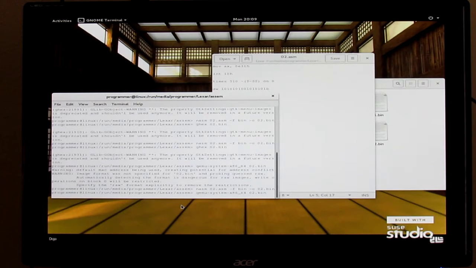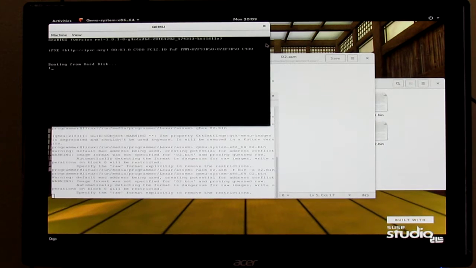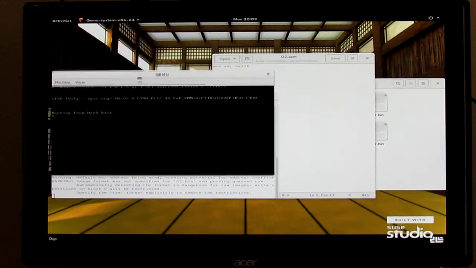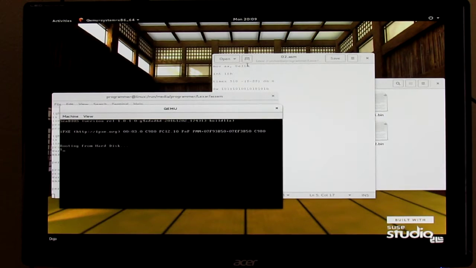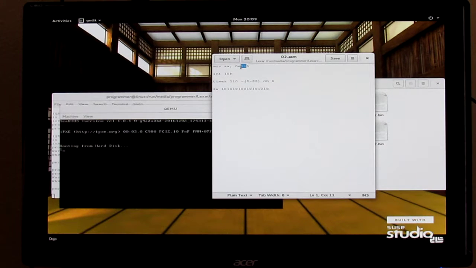I'm just going to go straight to Qemu, and there I have printed the number 1 to the screen. Which, you recall, was 31 in hexadecimal, or the number 49 in decimal. 1 starts at 49 for some godforsaken reason in computing. Okay, I've successfully compiled without having to do the math.